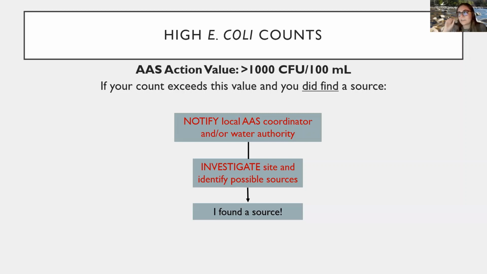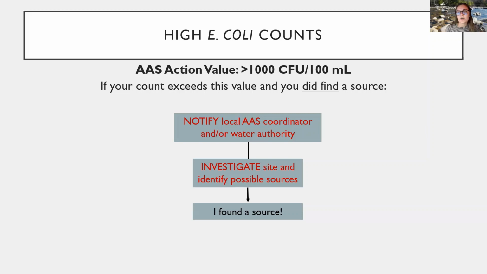If you pull all of your plates out, do the calculation to see what the result for this monitoring event is, and it's 1,000 or anything above that, definitely take action. The first step would be notifying your AdoptAStream local coordinator, who you should be able to be in contact with. We're going to help connect everyone if you don't already know who that person is. And then contact your local water authority and let them know what you found.